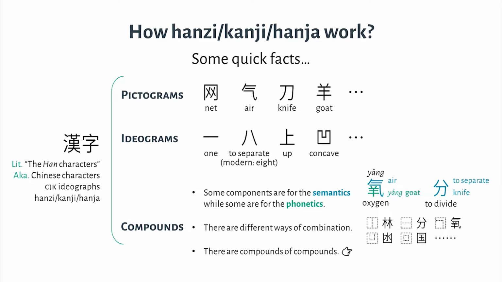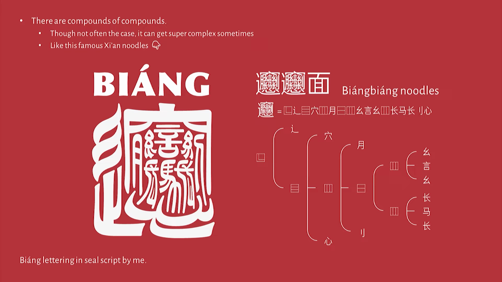The components can be spread left and right, up and down, or even in and out. We can also make compounds out of compounds to make super complex characters. One famous example is this biang, a folklore character for a Xi'an noodle dish, biang biang mian. But of course, most of the Chinese characters won't be this complicated.